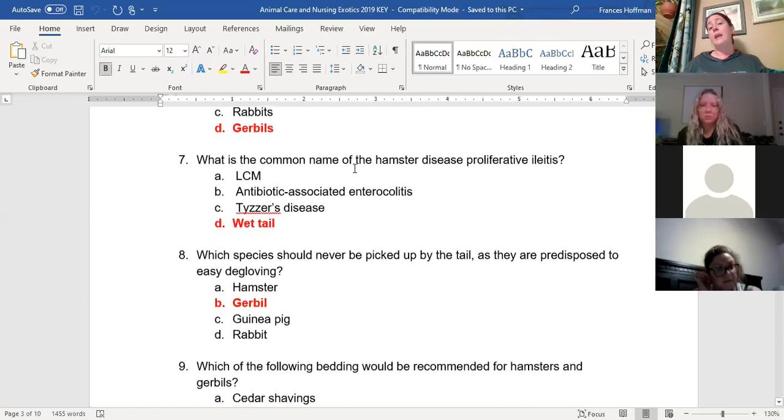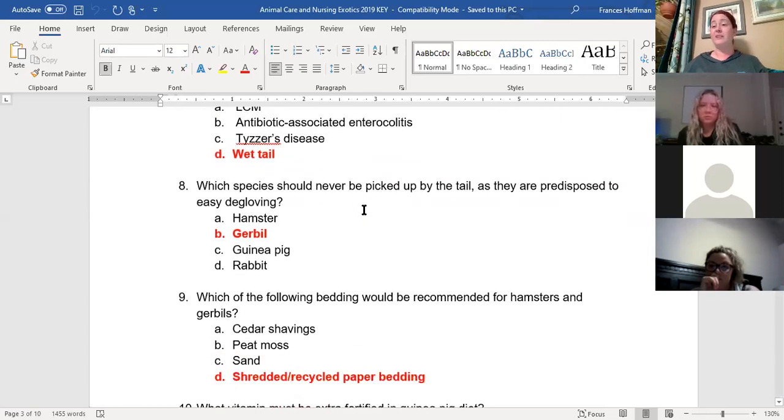What is the common name for the hamster disease proliferative ileitis? That's going to be wet tail. Basically, they have so much diarrhea that they're going to, unfortunately, have that wet tail area. Now, hamsters do not have big tails. They're just going to have a little nubbin. So that whole area around their hind end will be completely wet with diarrhea.